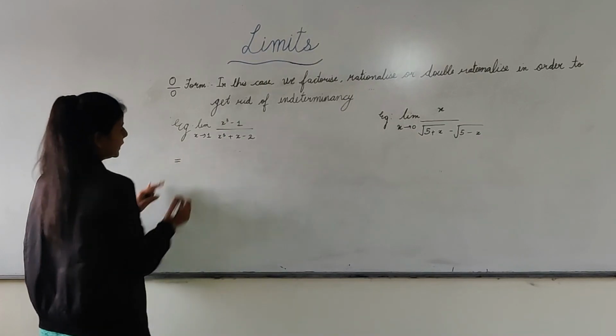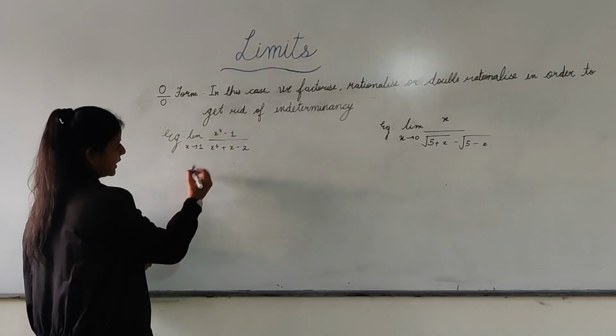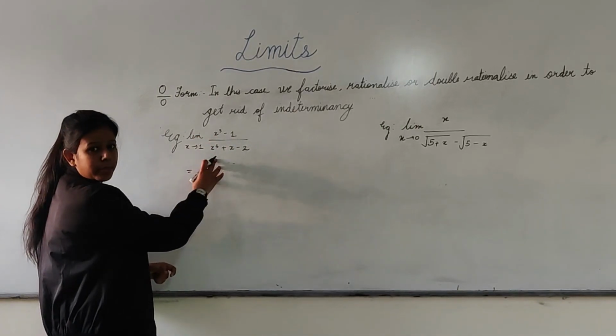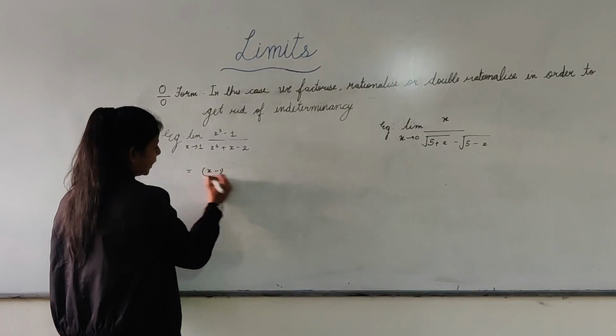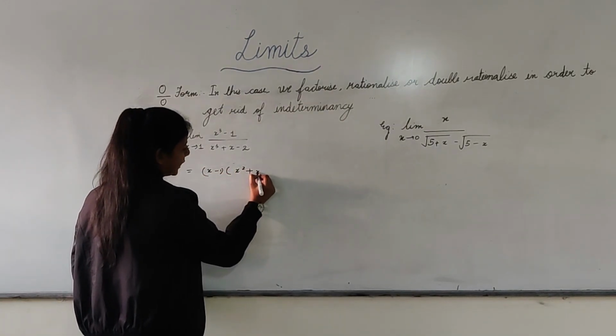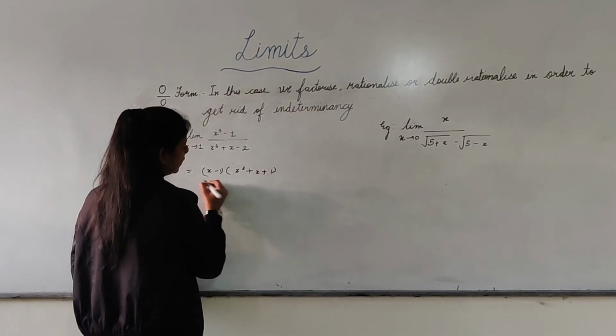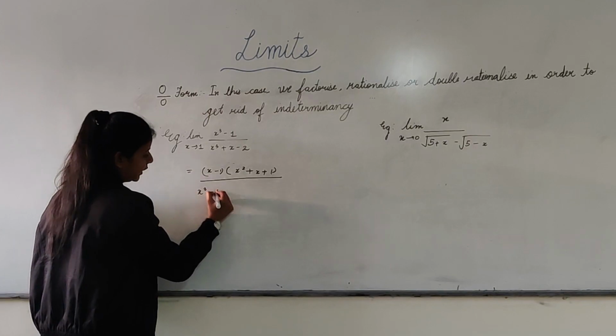So, in this case, we factorize. We get, as x minus 1 is common in both, x minus 1 into (x square plus x plus 1) upon x cube plus x minus 2.